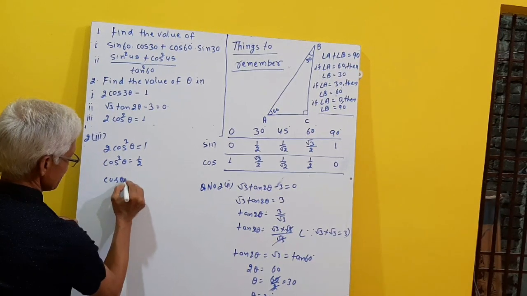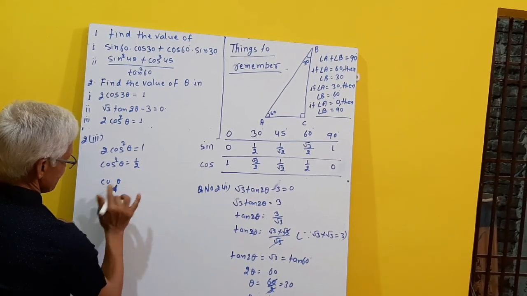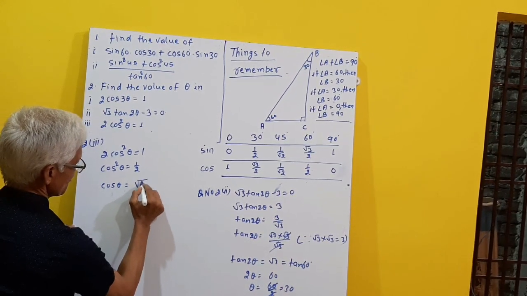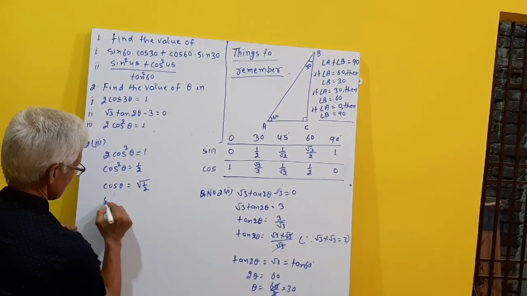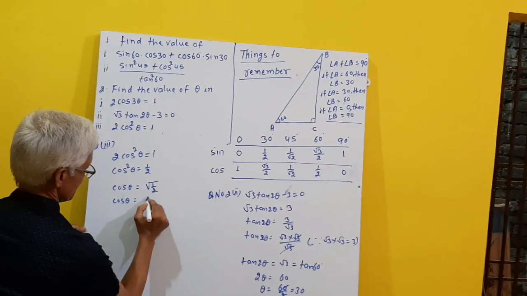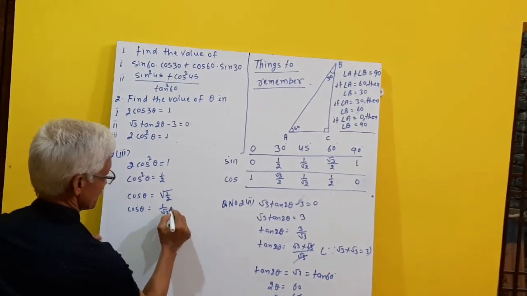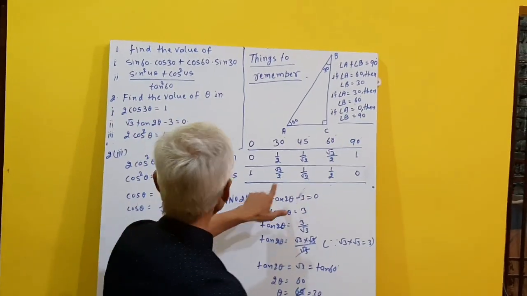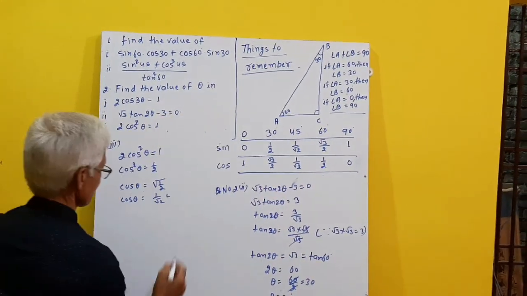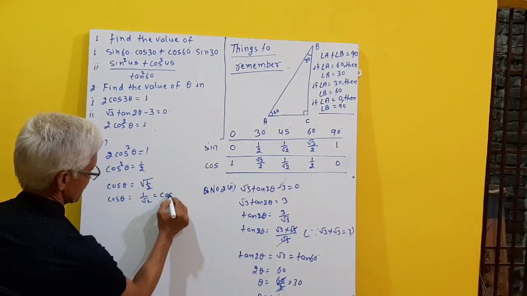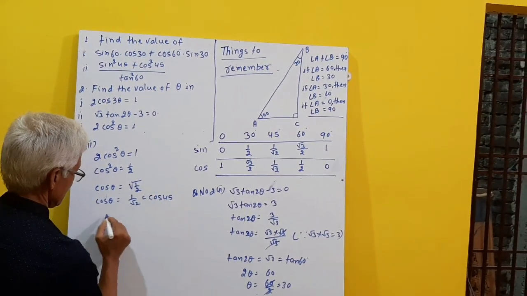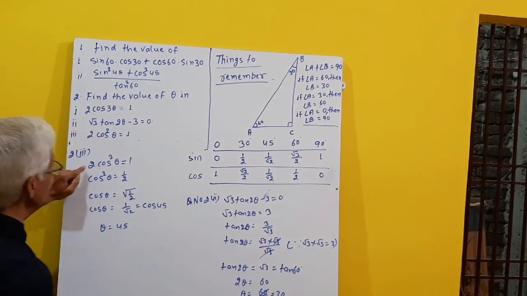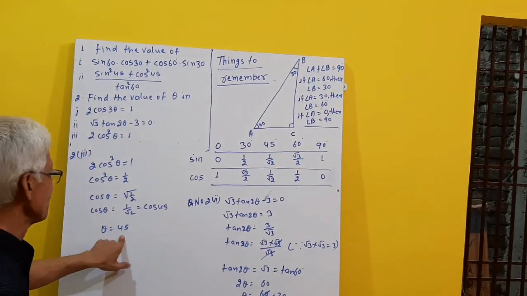Therefore cos theta is equal to under root 1 by 2. And what is the value of root 2? 1 upon root 2 is cos 45. Therefore theta is equal to 45. In this equation, the value of theta is 45.